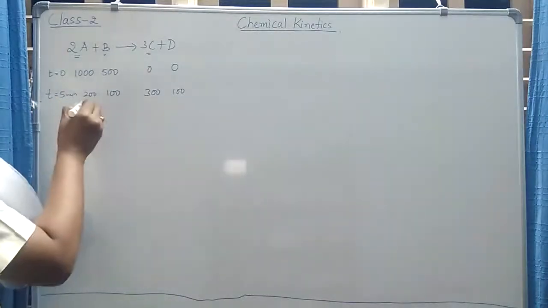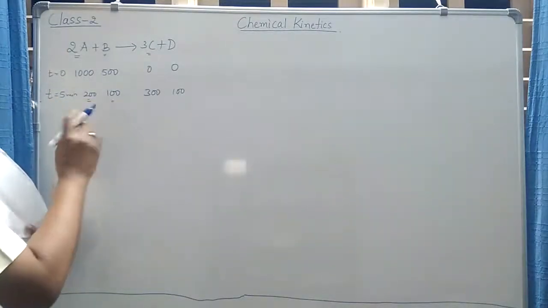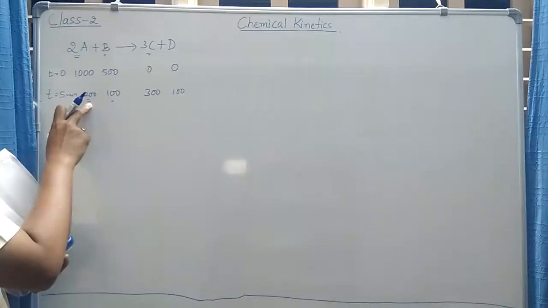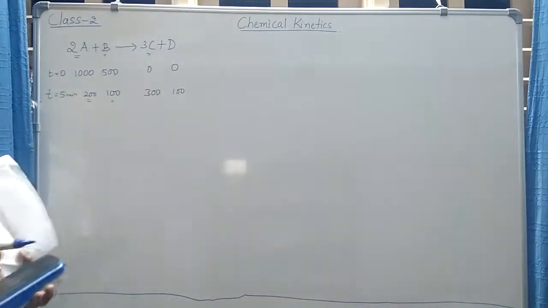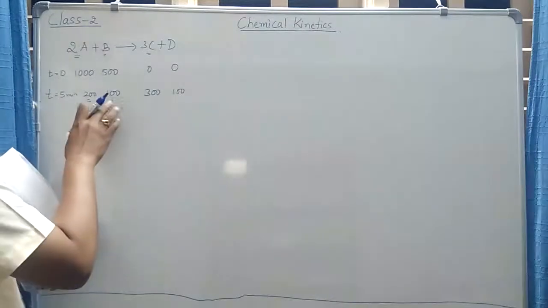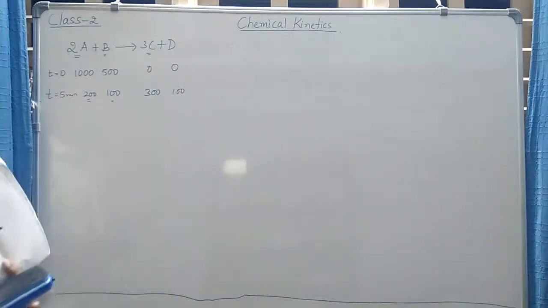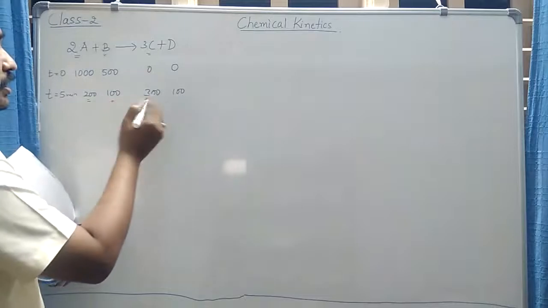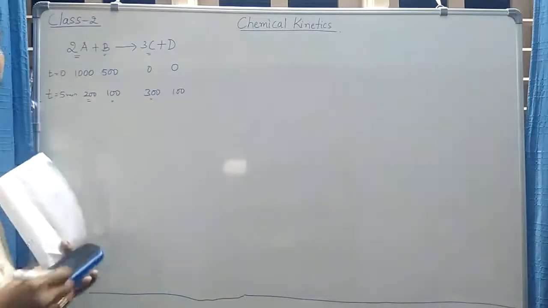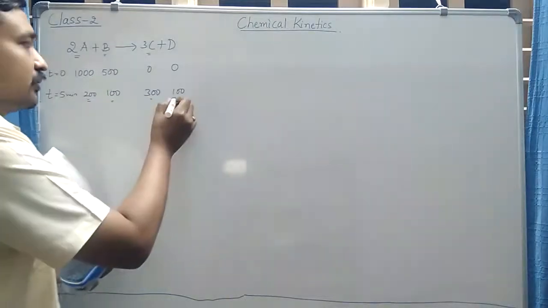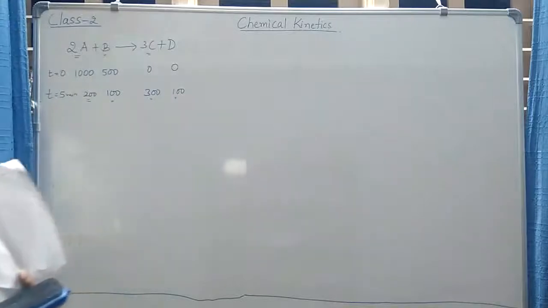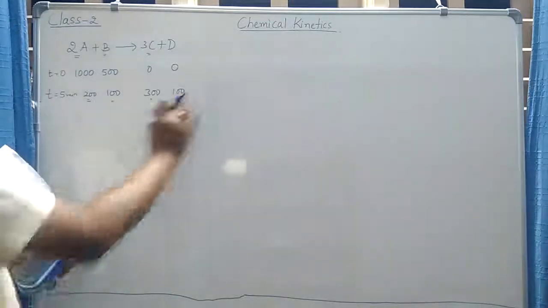So if you carefully see here, the rate of disappearance of reactant A is twice the rate of disappearance of reactant B. On the other hand, the rate of formation of product C is 3 times the rate of formation of product D. Okay, they are different.